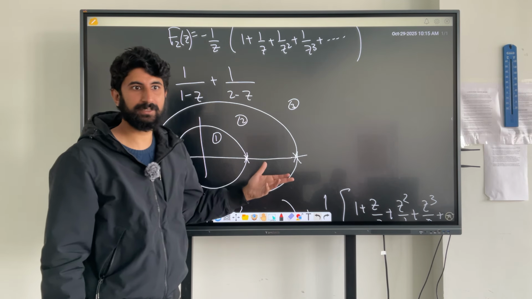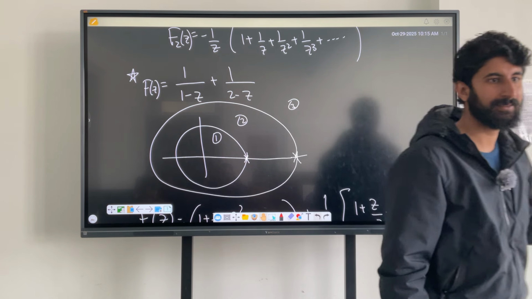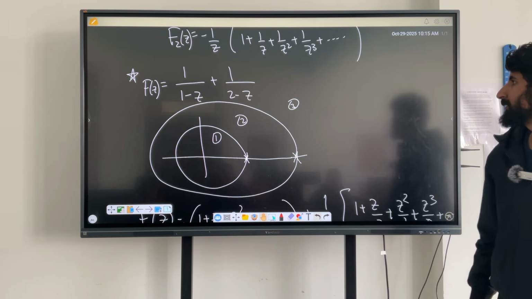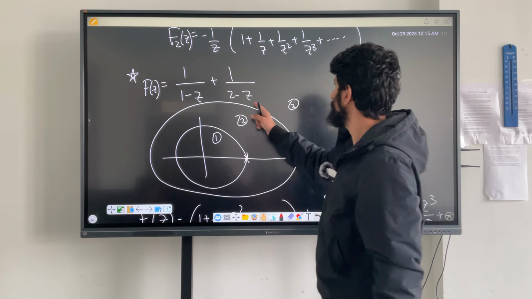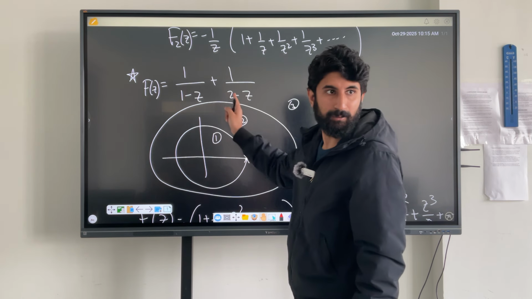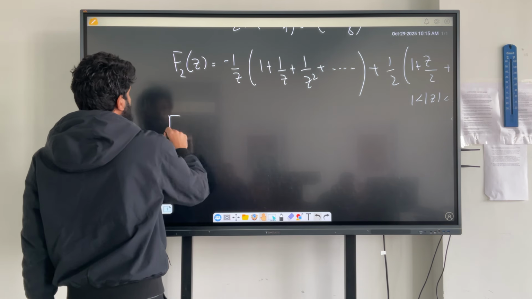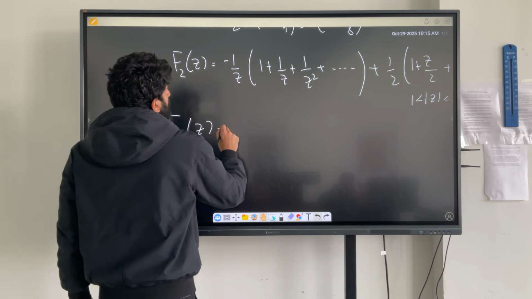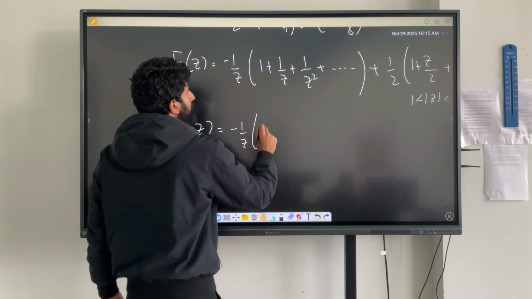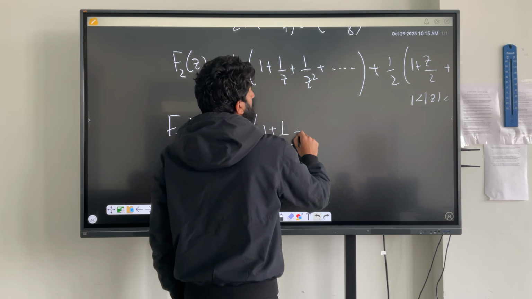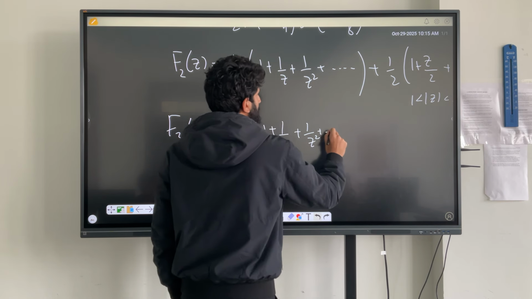Or shall I write it down, or is this clear? So what should I take common? I'll take 1 by z common. I'll get something like this. Maybe I'll make an algebraic mistake. Minus 1 by z, 1 plus 1 by z plus 1 by z square plus so on.